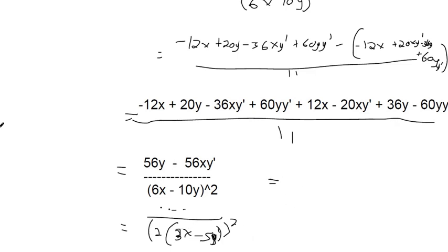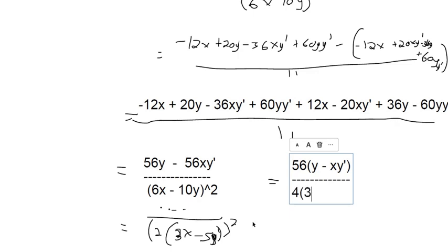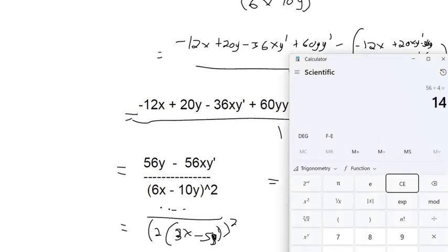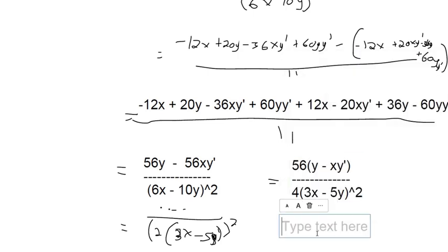Because look, in the numerator up here, you can factor out a 56. We got y minus xy prime left over. And the denominator, that's 2. That's going to be squared, so that's 4 times 3x minus 5y squared. So 56 divided by 4 makes 14. So that just saves us some work down the road. So this is going to be 14y minus xy prime, all over 3x minus 5y squared.